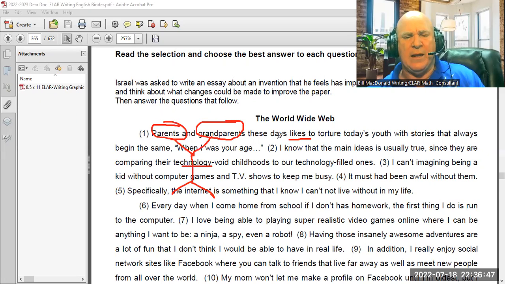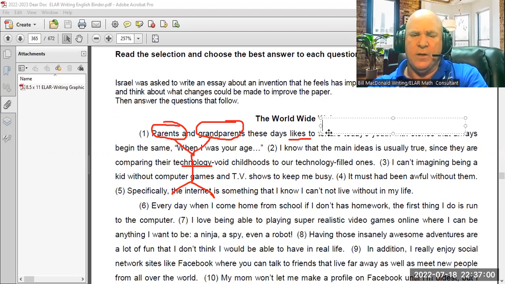So the mistake that I would fix there for number 1 is, we'll just put that in little spaces when we can find them. Parents like to torture. Okay, so we're going to remove likes and change it to like, because it just doesn't sound right.